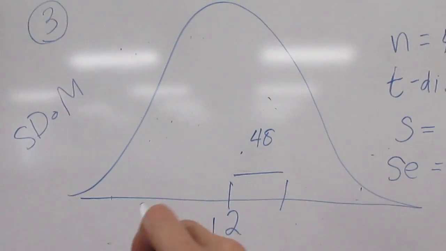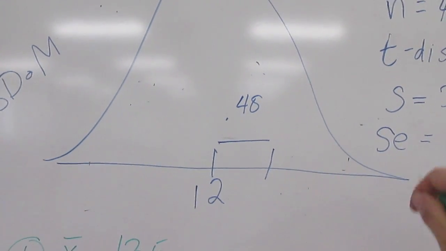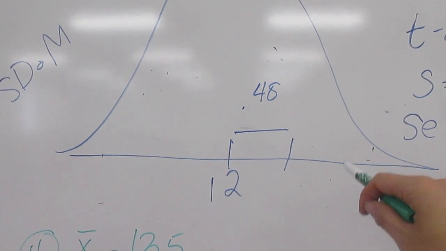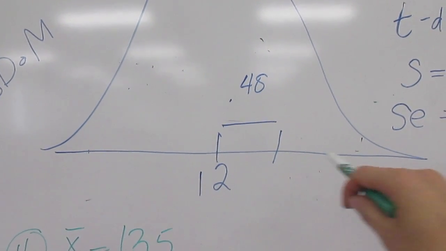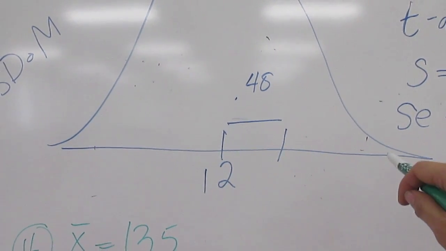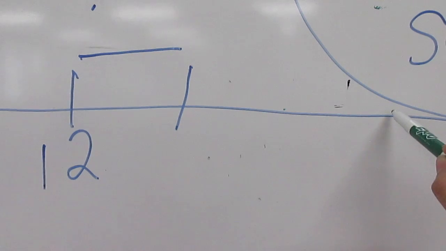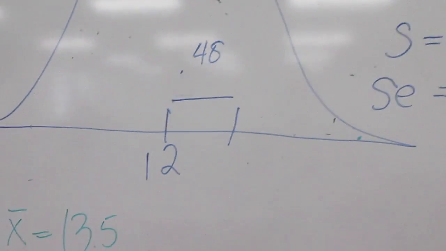Basically, where is 13.5 on this SDOM? If this is about half a second, then two of these would be a whole second, so that should be about 13. And then 13 and a half is another one. So it should be almost 3 standard deviations out, somewhere here. That's what I'm guessing.